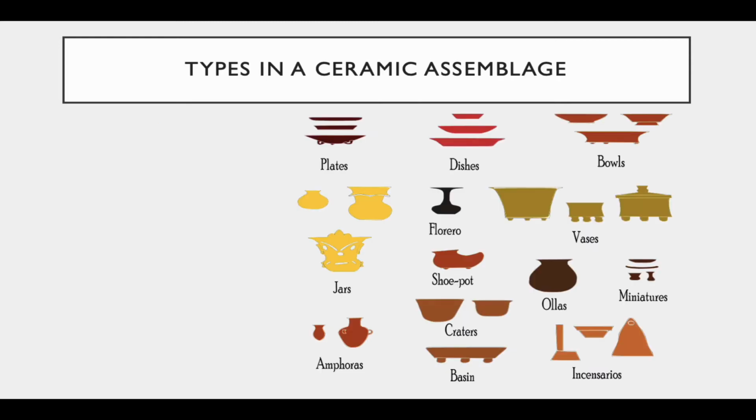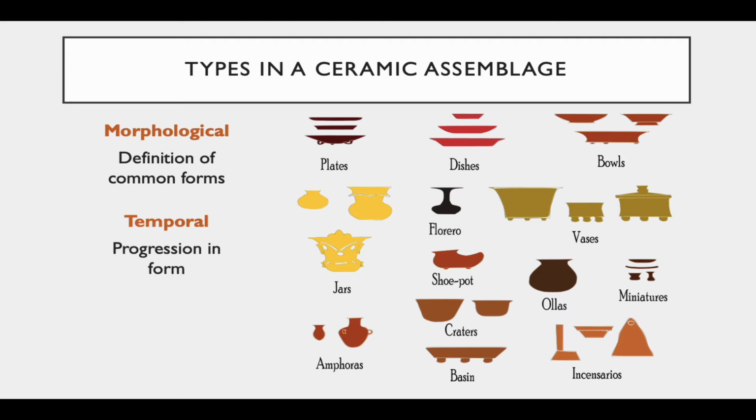So let's take a basic ceramic assemblage, which is what you will be doing in your homework activity. We have here, the first thing we can identify are morphological types, and so those are defined by common forms, as you see them labeled here: plates with plates, bowls with bowls, jars with jars, and so on. Perhaps we can start to recognize some sort of progression in forms.